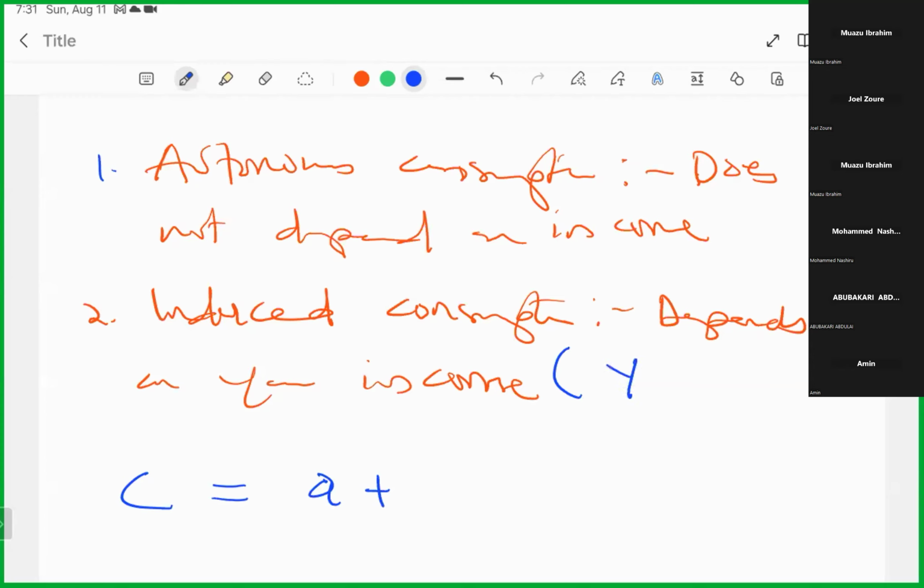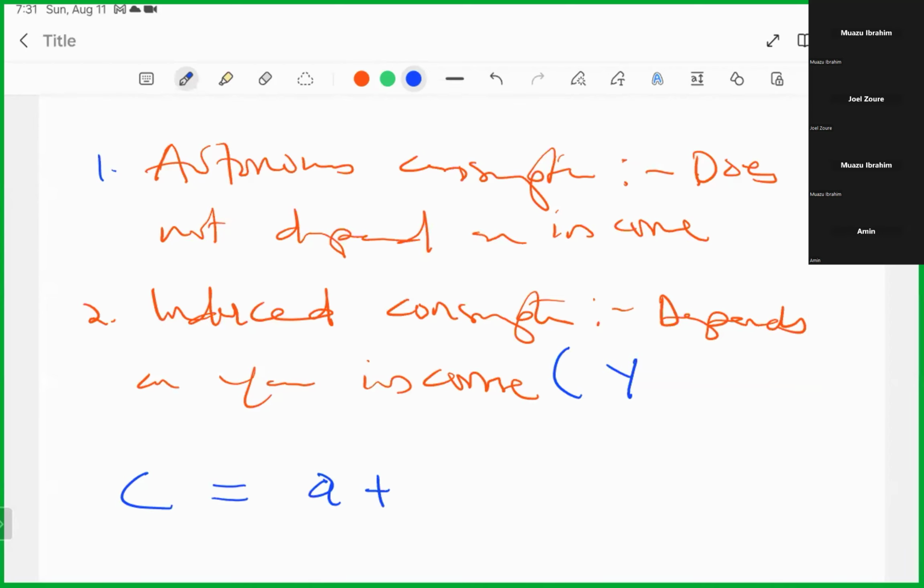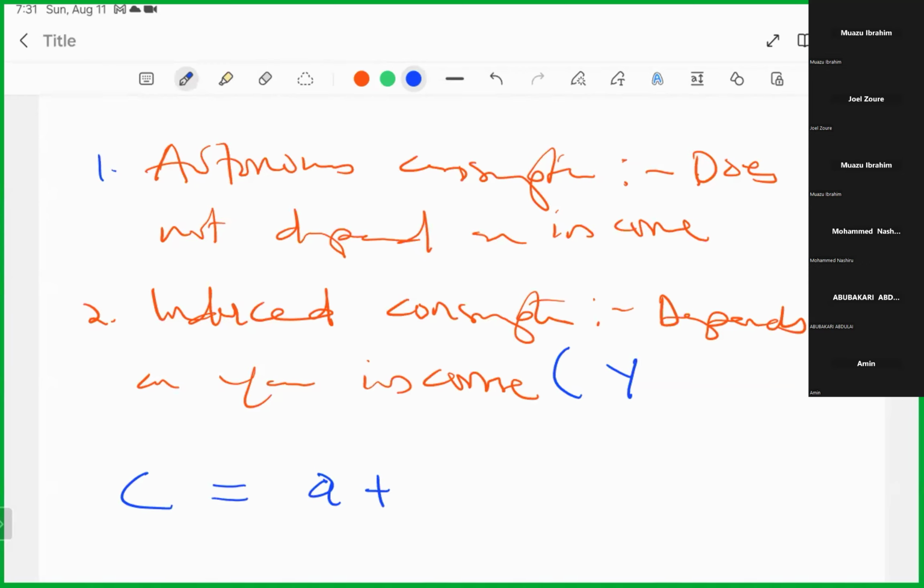So the induced consumption is that part of consumption that is the extra consumption that you get, the consumption that depends on your income. In other words, if you have higher income, you consume more. If you don't have higher income, you consume less. So the induced consumption is that part of consumption that depends on your income, the income that you have.